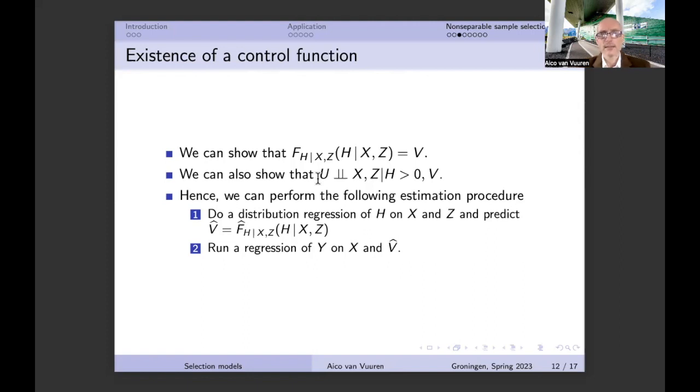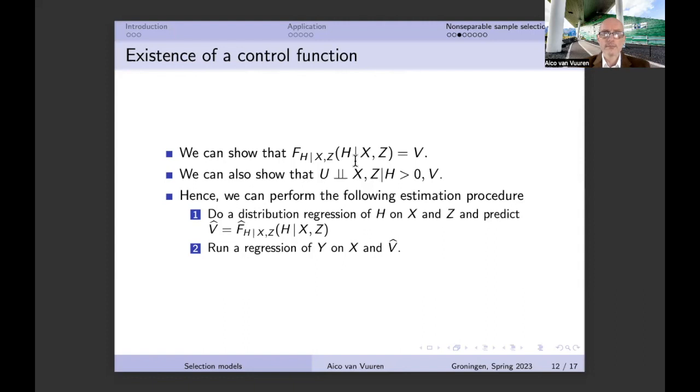And that's exactly the same idea as what we had when we were looking at the daily. Remember there also that we were interested in V, and we could write it as a distribution function, but now it's a distribution function of H, conditional on X and Z, and also evaluating these three values that we have over here.